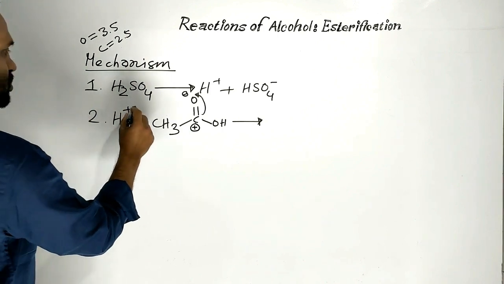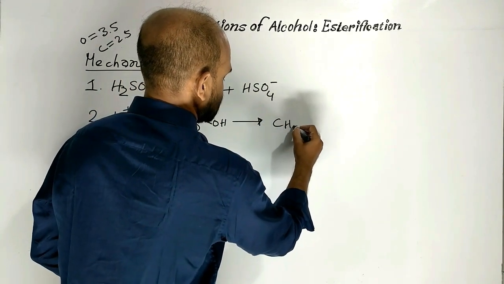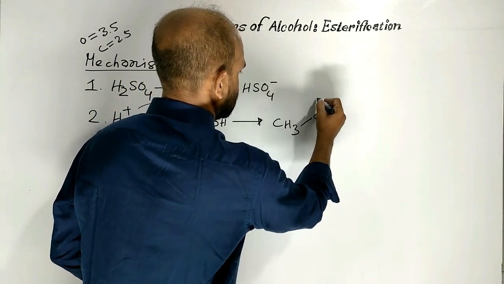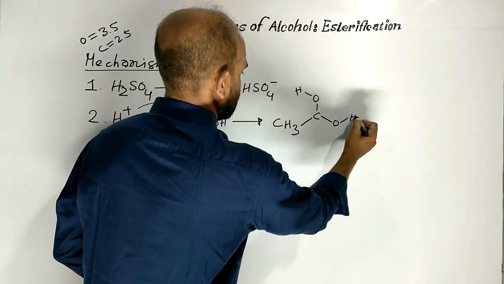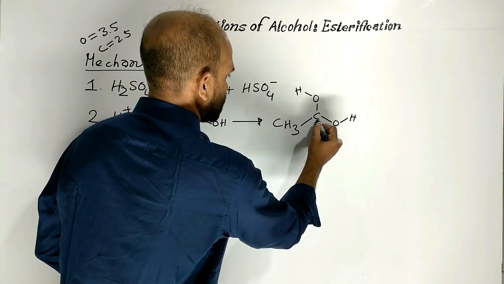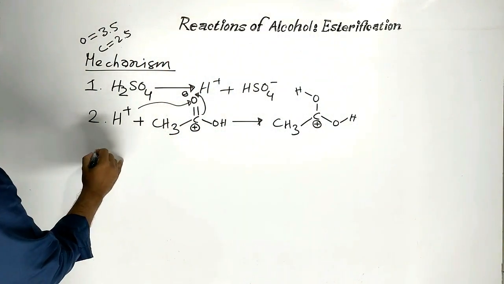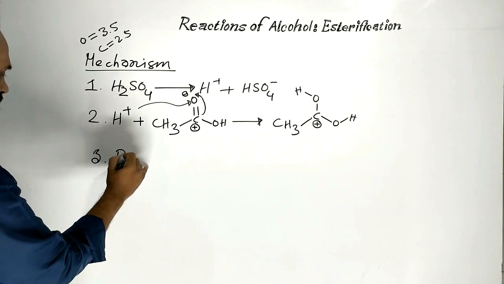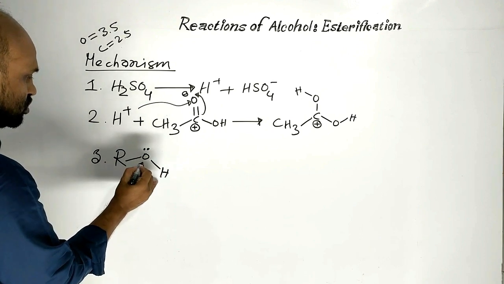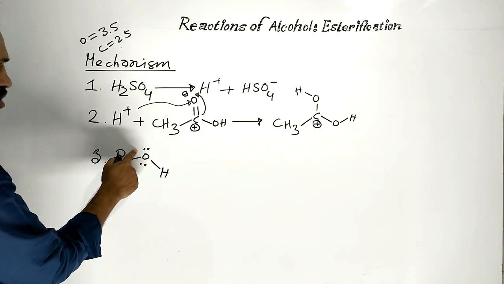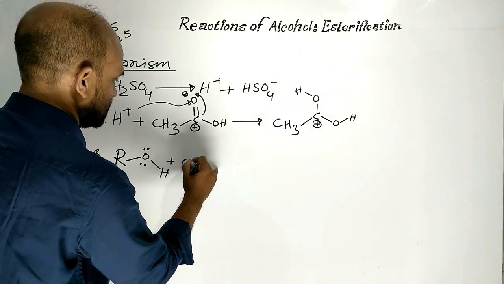Now this proton combines with this oxygen. As a result, this is formed. Here, carbon becomes positive in charge. Then, step number 3. Alcohol. Oxygen contains 2 lone pairs of electrons. Alcohol combines with this species in this way.